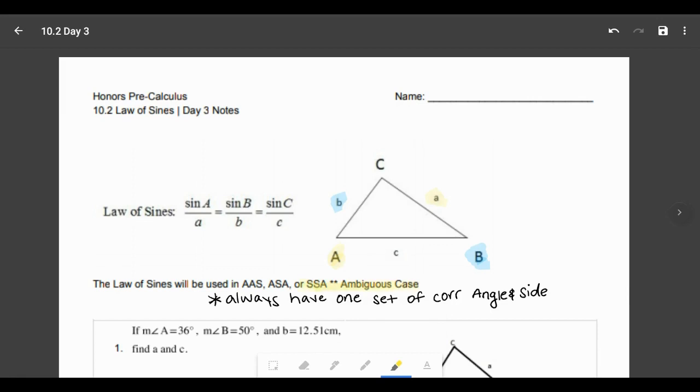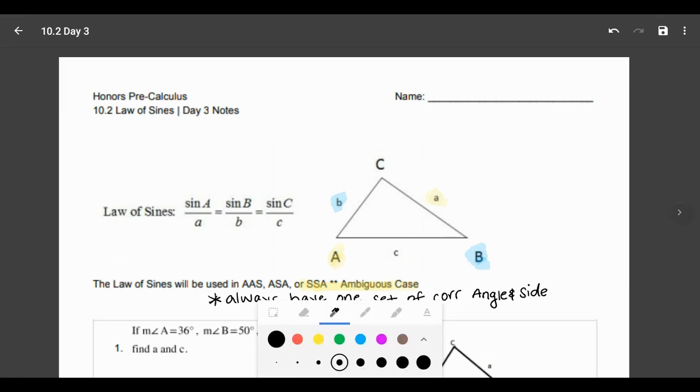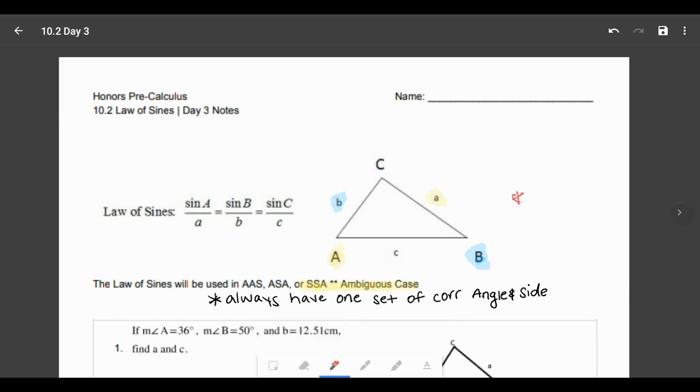What happens with side, side, angle is because the first thing that we look for is an angle, we have to look for either having one triangle that satisfies the given information, there might be two triangles that satisfy the given information, or there might be no triangles that satisfy the given information. And so this is our ambiguous case, and we will take a closer look at that in a little bit.